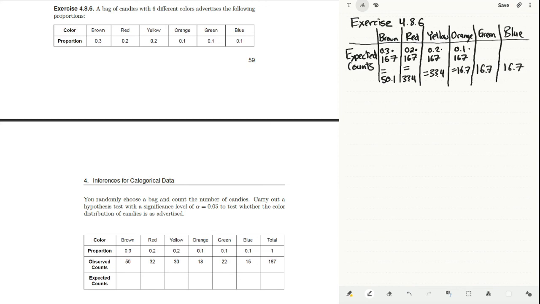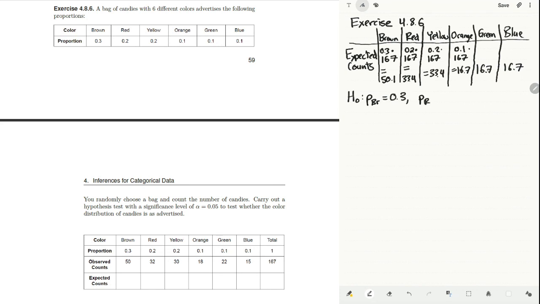Now let's write down the hypotheses for the test. So for the null hypothesis, we assume that the proportions for each of the colors are equal to the modeled proportions. So the proportion of brown candies will be equal to 0.3.